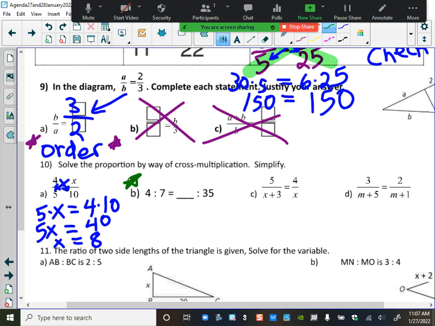But the only thing I want you to see, anytime you see a problem like this, whenever we have a blank, what can we always fill a blank with? You do that. And then what's the fraction way to write 4 colon 7? 4 over 7. Keep your equal sign. It's over 35.